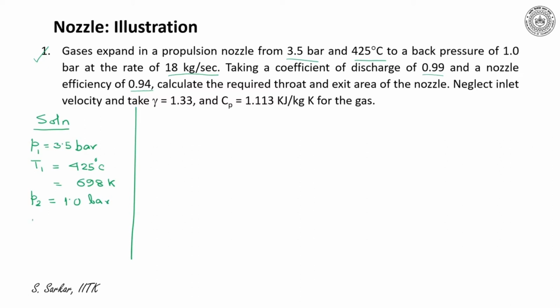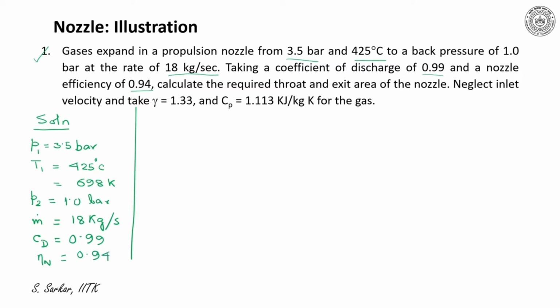M dot, the mass flow rate through the nozzle, is given as 18 kg per second. Coefficient of discharge CD is given as 0.99. Nozzle efficiency eta N is 0.94.